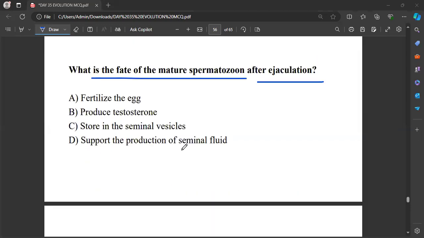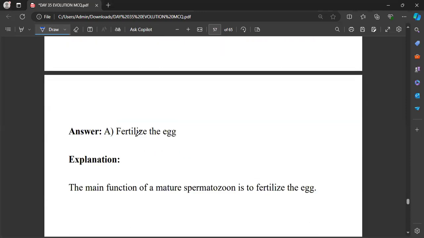Why option D? See, it is somewhat unrelated to the question, right? See, it has to fertilize the egg. That is the duty of the sperm, correct?